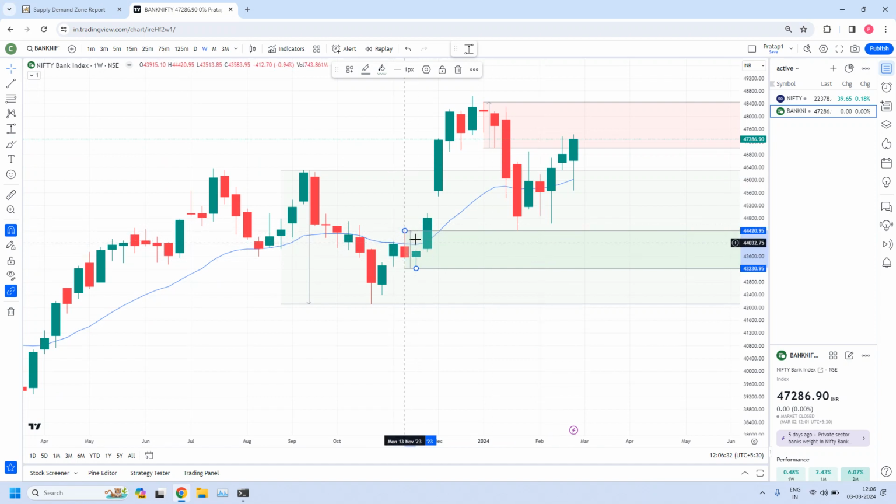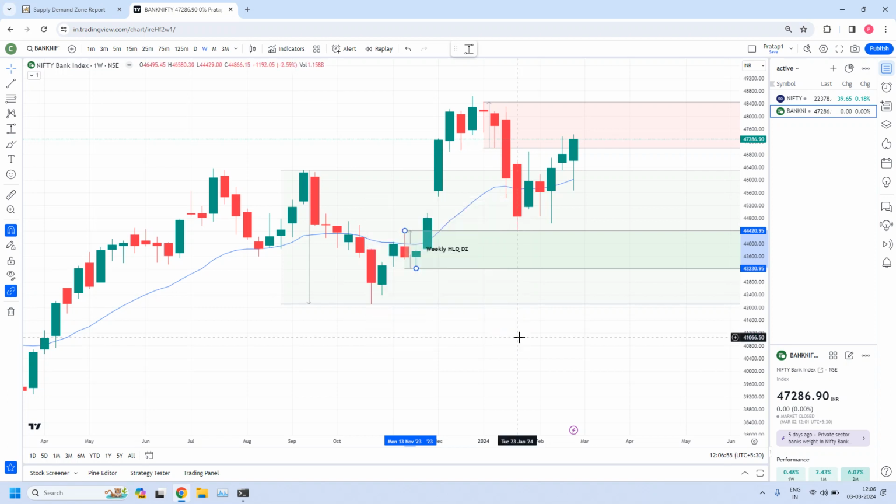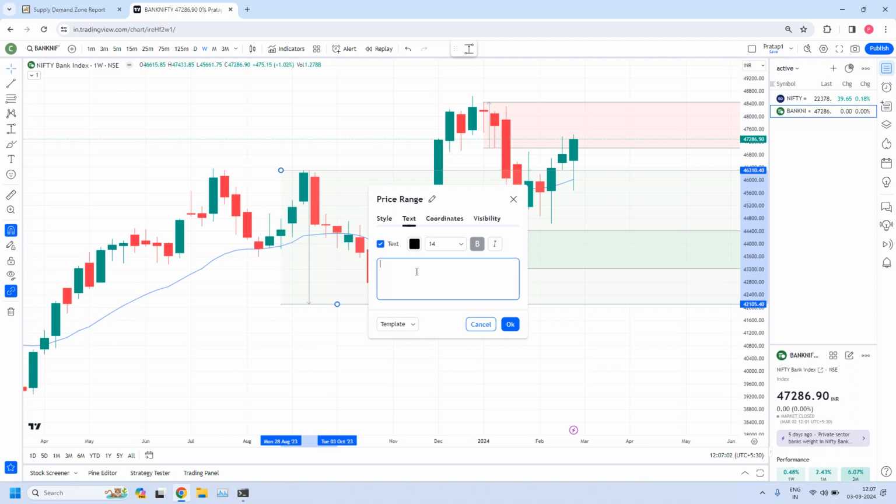And this is a high liquidity demand zone, weekly. So for remembering purposes, let us add the text. So this is a weekly HLQ zone, high liquidity zone. Weekly high liquidity demand zone. And this weekly high liquidity demand zone is inside the monthly demand zone.